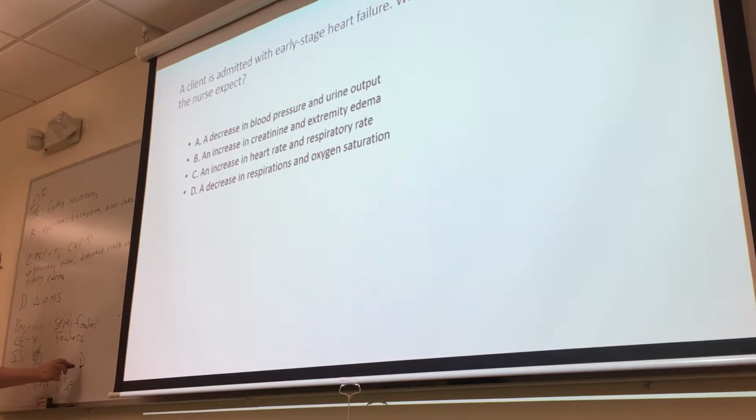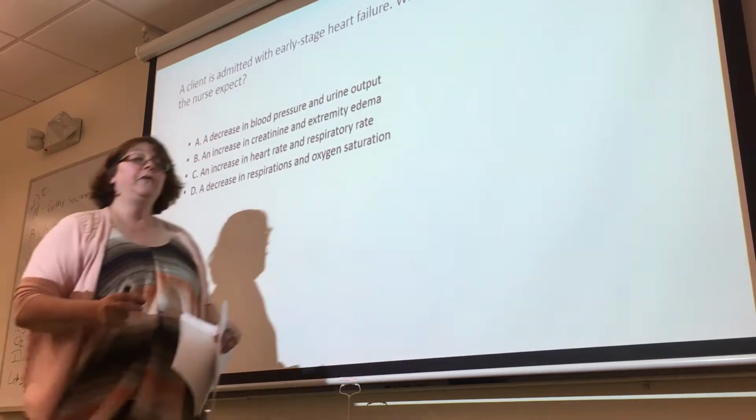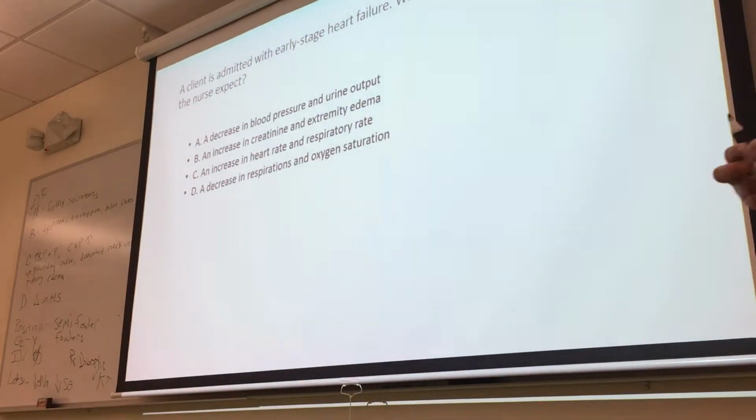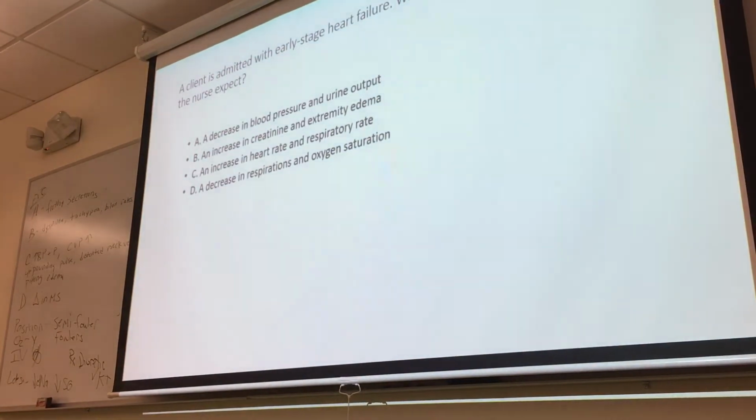Diuretics. I want to monitor I&Os, daily weights, listen to their lung sounds, and check potassium. Once they're on a diuretic, I want to check potassium. But fluid volume overload, just from those A, B, C, D, you should be able to answer most questions.